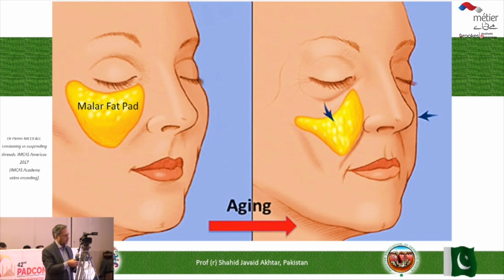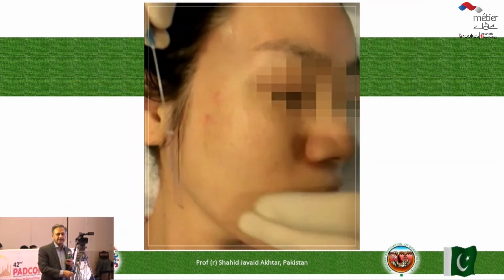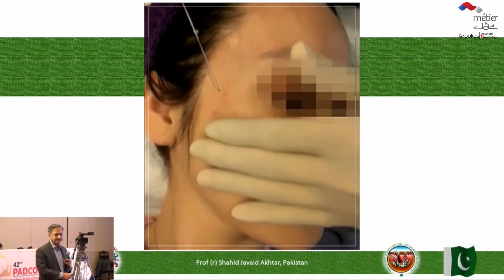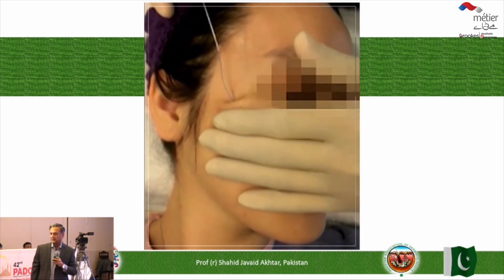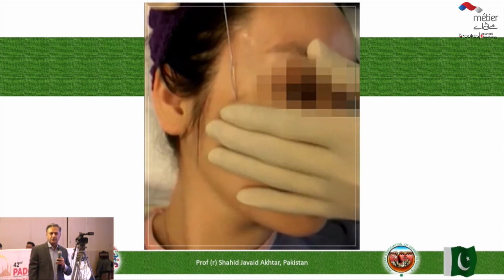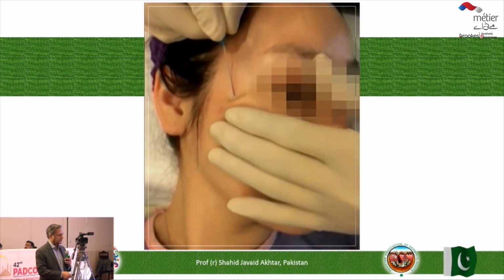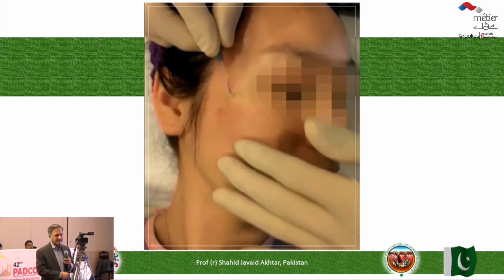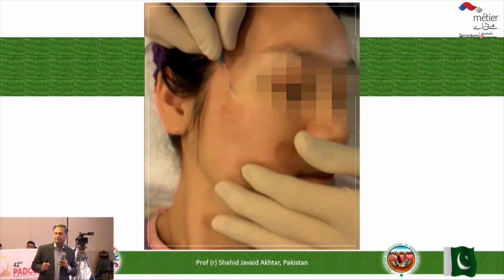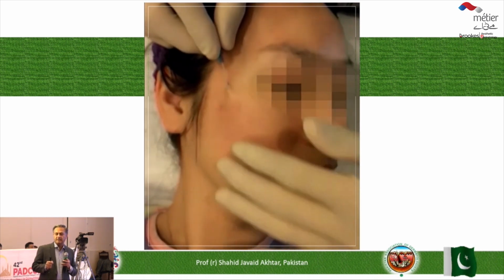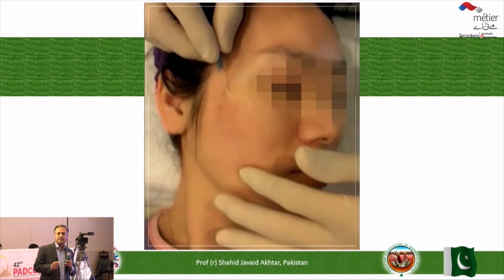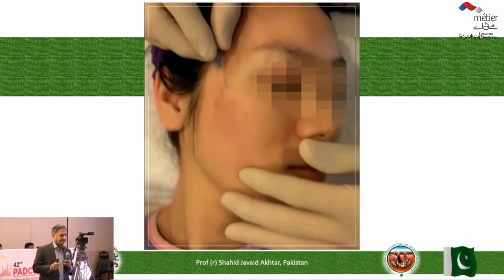And to revert these changes, then we go to these so-called lifting threads. In fact, they are not lifting threads, they are repositioning threads. They are simply helpful in repositioning the superficial fat. They cannot lift the muscles, and they cannot compensate for deep atrophic fats.